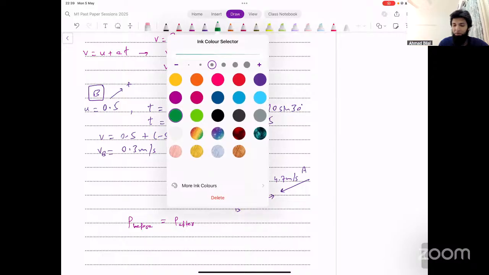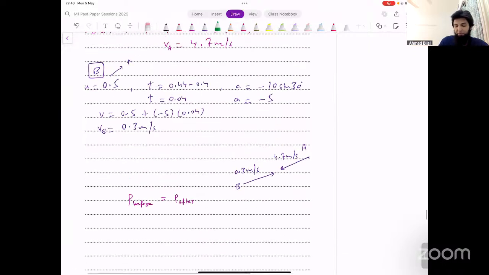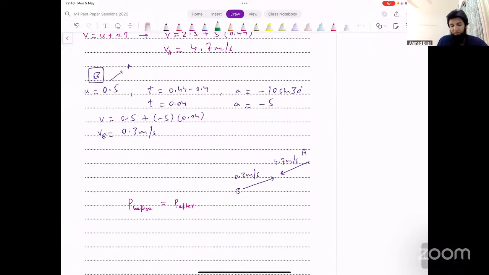B started its journey up the plane. Consider that direction as positive, right? After it hits the barrier, it's a new journey that is starting, and it's moving in the upwards direction. You should take that direction as positive. Okay, but even if you take downwards positive, you will get the correct results eventually.